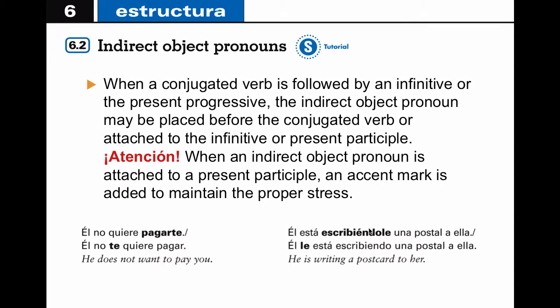We can tack that on at the very end of the gerund, or we can actually place it before está or estar followed by the present progressive. So just bear in mind, estar plus the present progressive can never be separated, but you can either put it before or you can tack it on to the very end of the gerund here.